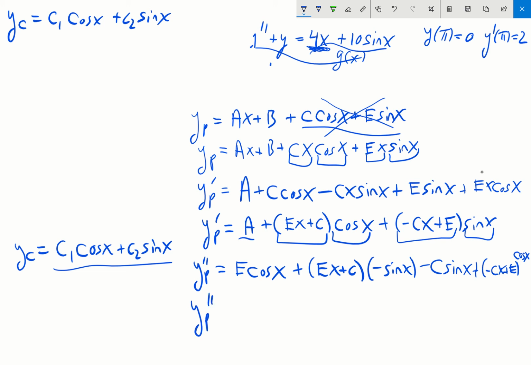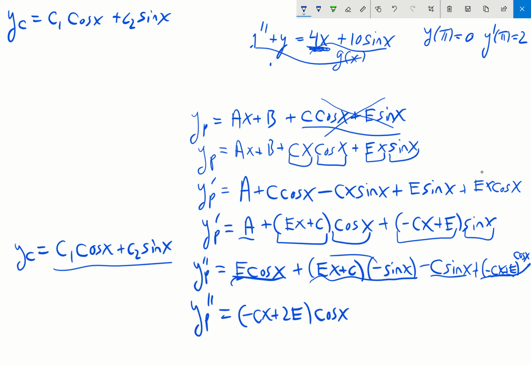Let's help ourselves out here. So where are our cosine of x terms? Well, this term here and this term here are our cosine of x terms. We have an e plus negative cx plus e, which would give us a negative cx plus 2e cosine of x. And now these two things here would be our sine terms.